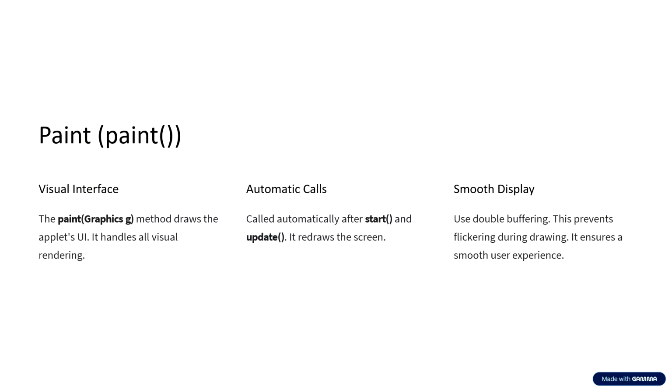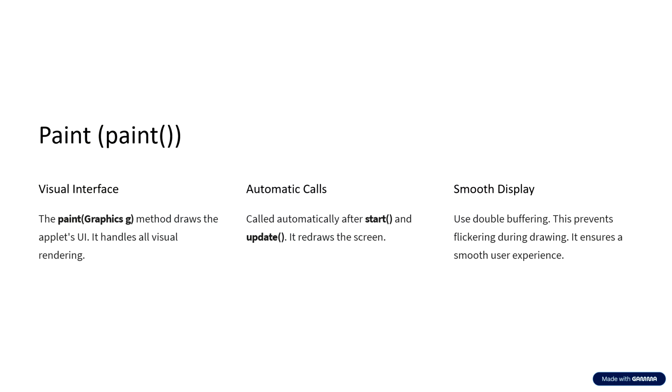The next method is the paint method. The paint method is used to draw anything on the screen or applet. It is called each time an AWT-based applet's output must be redrawn.